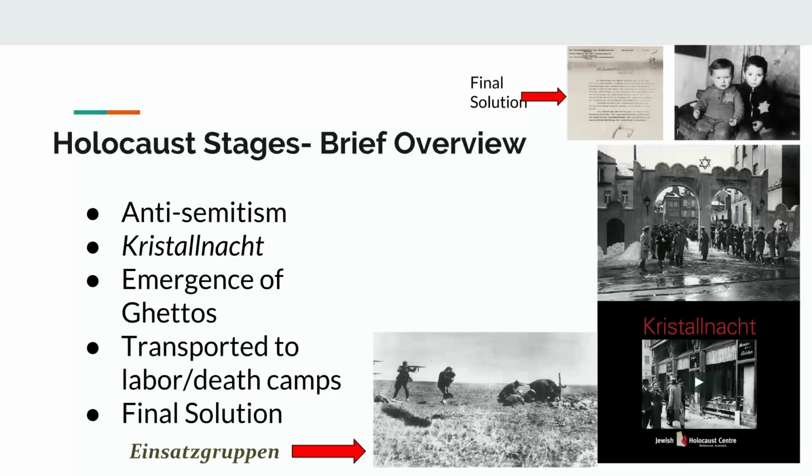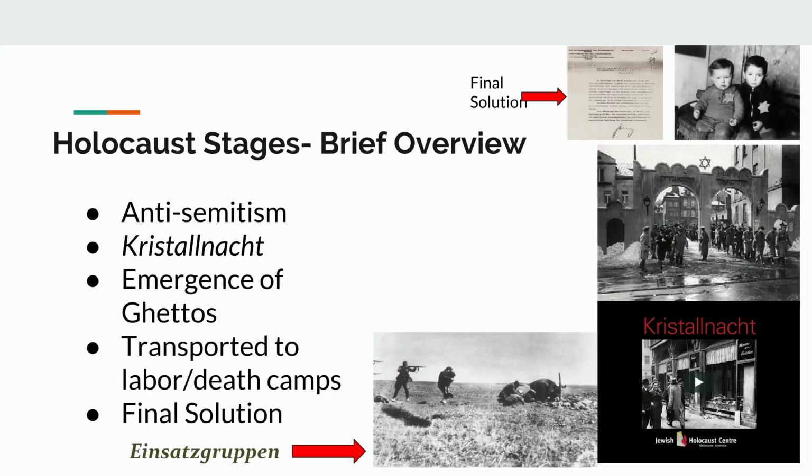Adolf Hitler is going to blame the Jews for the ending of World War One. He's going to put a lot of blame on that whole situation on the Jewish people. So anti-Semitism is where it starts, and laws began to be put into place by 1933 that showed that Nazi Germany was going to be anti-Semitic.